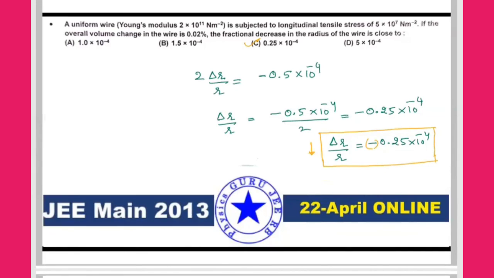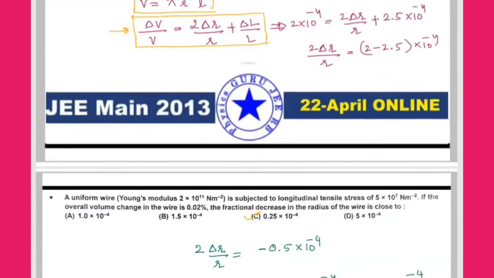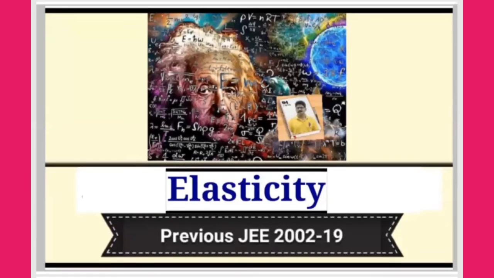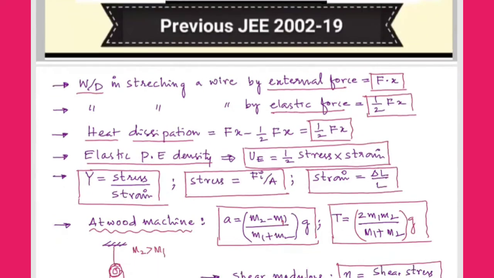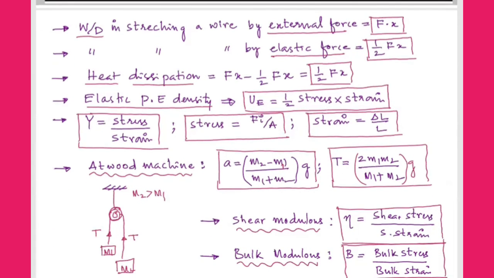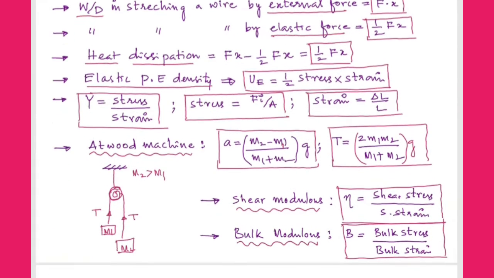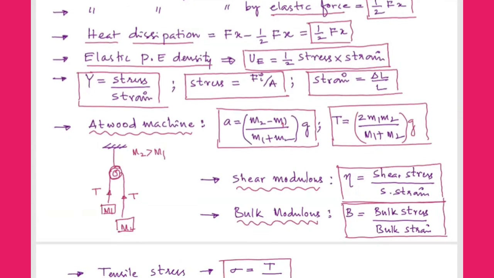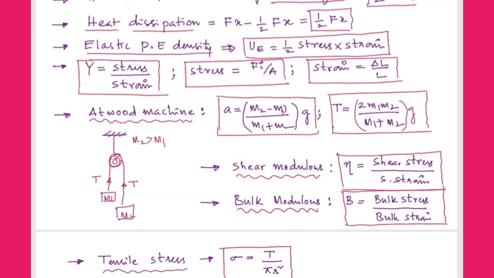We started from JEE 2003 and completed till JEE 2013. I just want to show what we discussed in the starting: what theory you should be perfect in to do all the problems. First I told work done in stretching a wire by external force or elastic force, heat dissipated, elastic potential energy, and elastic potential energy density. What is stress, Young's modulus.